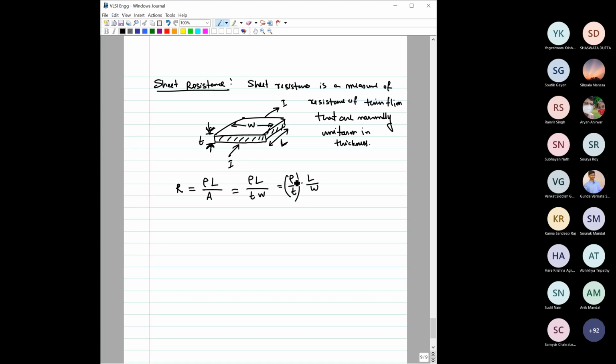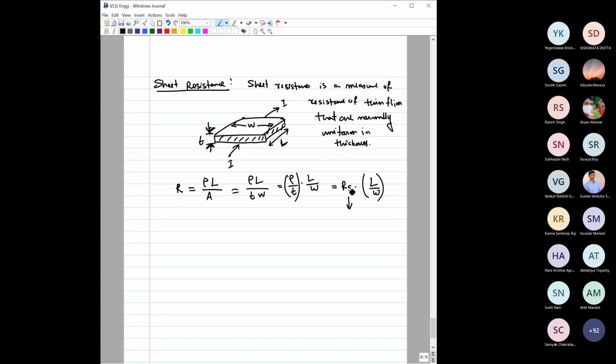This particular rho by T, meaning resistivity per unit thickness, is the sheet resistance. So R is sheet resistance into L by W. Then what will be the unit? This is resistance, so its unit is ohm. This is L by W, length by length, so no unit.